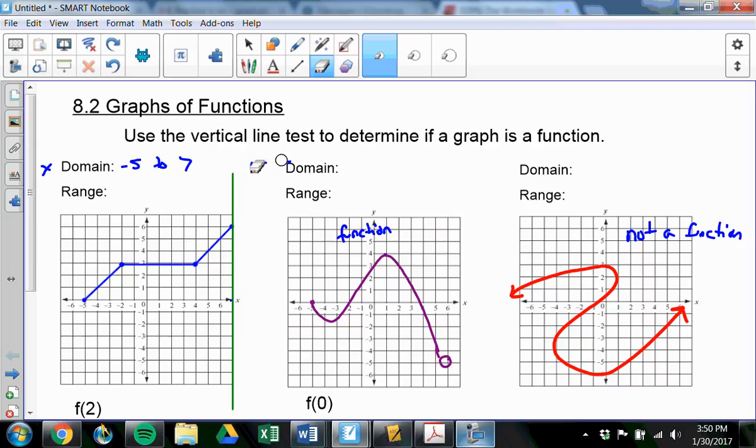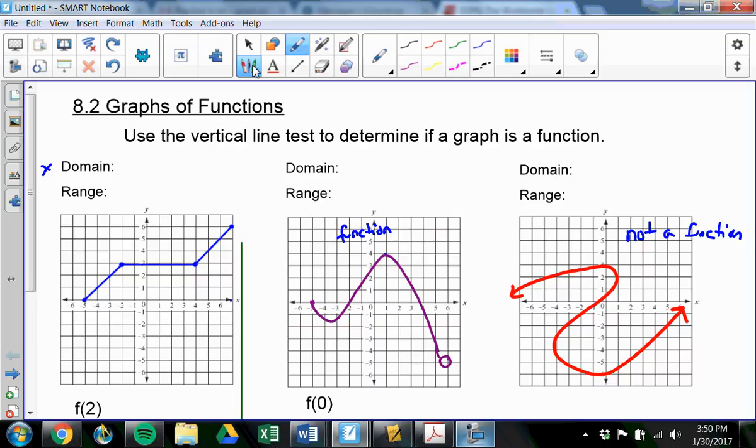It's not -5 to 7 in that sense, so we have to write it in some special math forms. One of those special math forms is called interval notation. Interval notation means it's going from -5 to 7. Everything between -5 and 7 using those brackets.